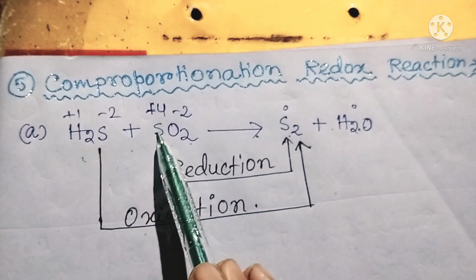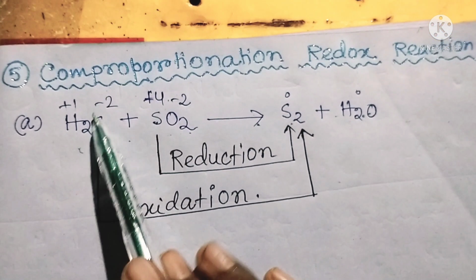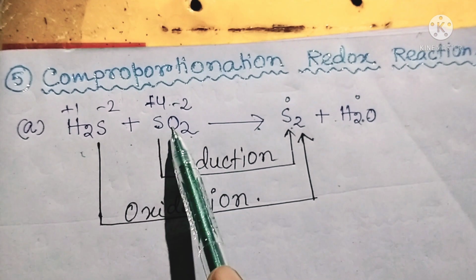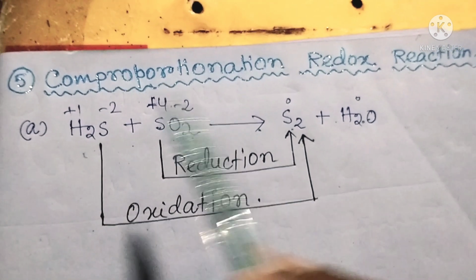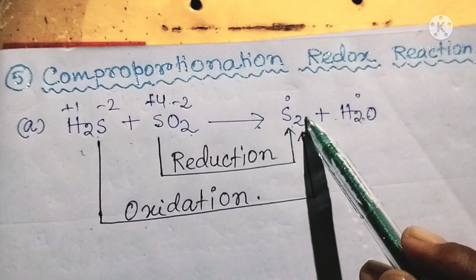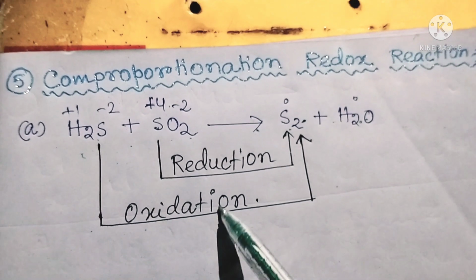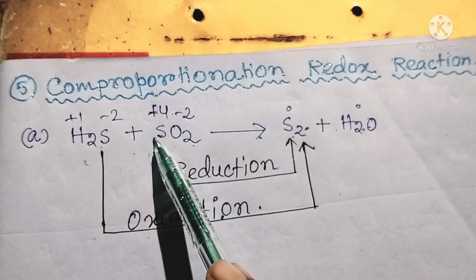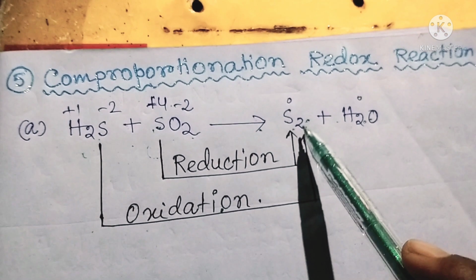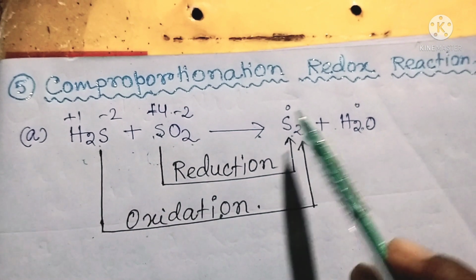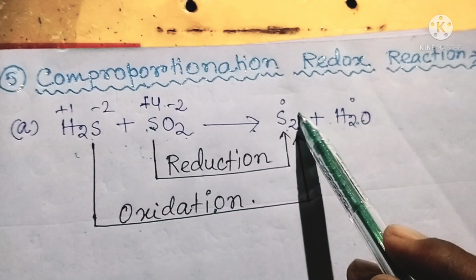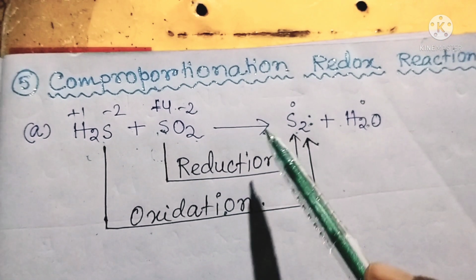The oxidation state of sulfur is +4 and this sulfur is -2. So from this sulfur -2 to 0, oxidation number increases, so oxidation occurs. And from this sulfur +4 to 0, oxidation number decreases, so reduction occurs.